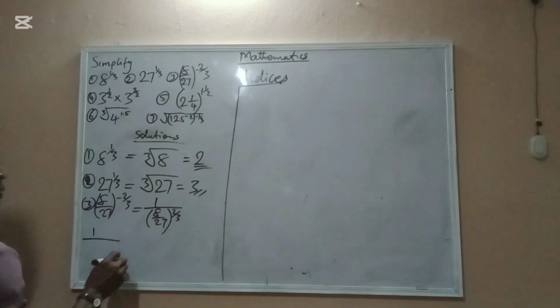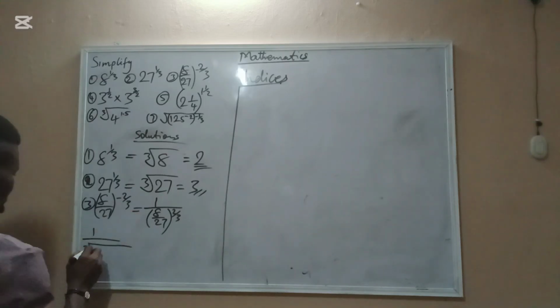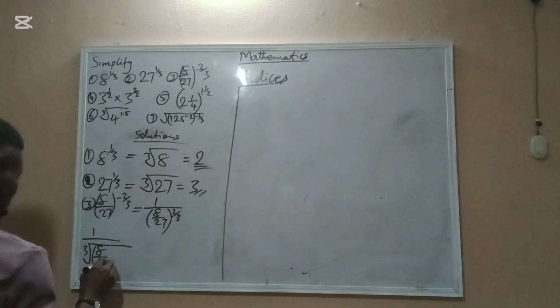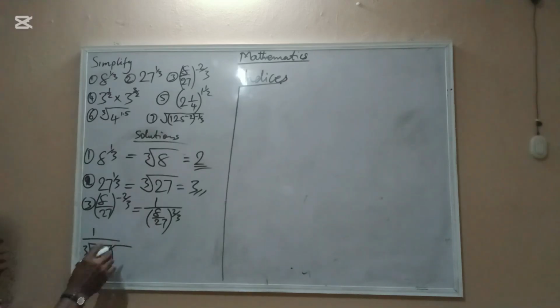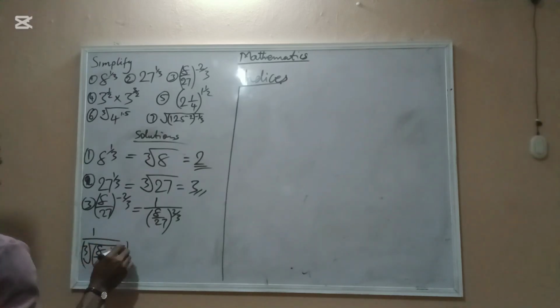And then this is the same thing as 1 over the cube root of that 8 over 27, as this cube root is covering all of them, and then all to the power 2.